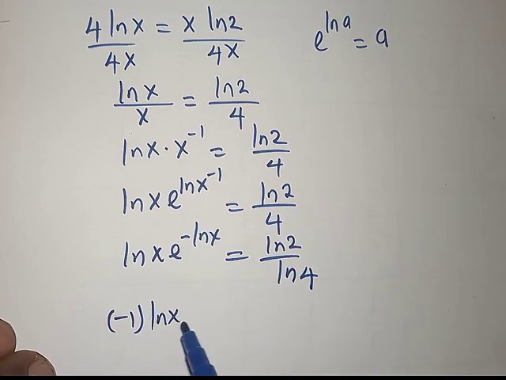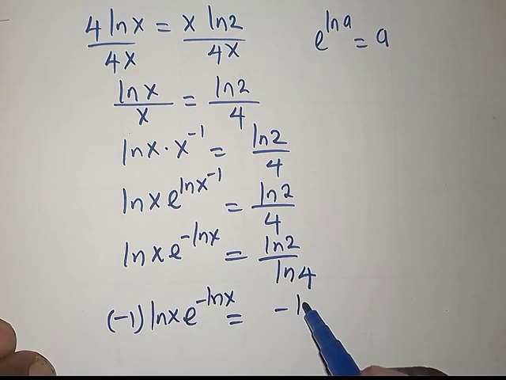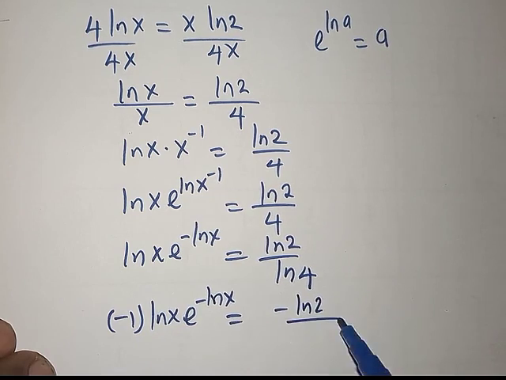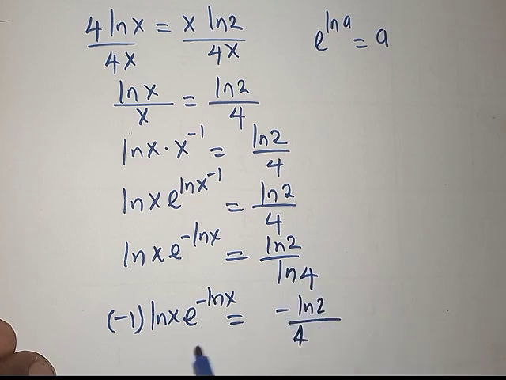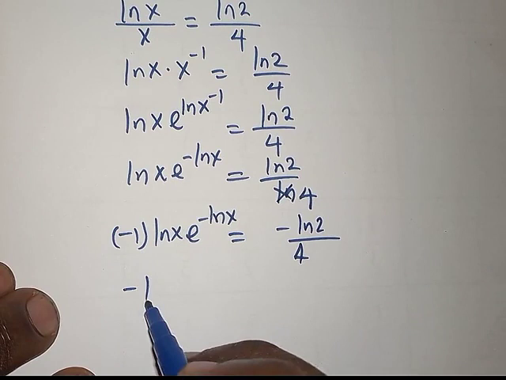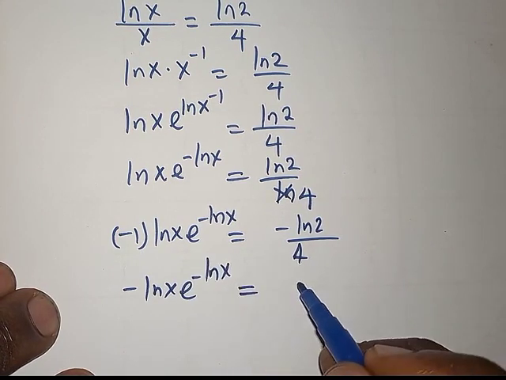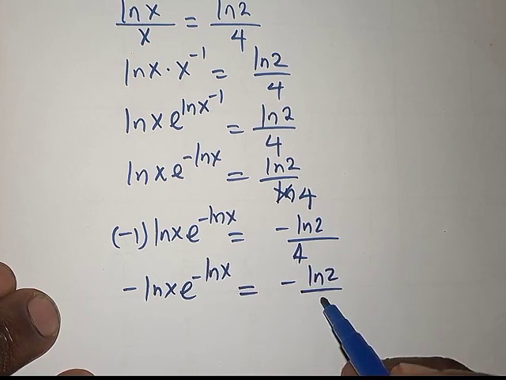Then we have minus ln x e to the minus ln x equals minus ln 2 over 4. Sorry, the ln is not there, so we have 4 here, ln 2 over 4. We don't need to put ln in front of the 4. Now we can see that this will be minus ln x e to the minus ln x equals minus ln 2 over 4.